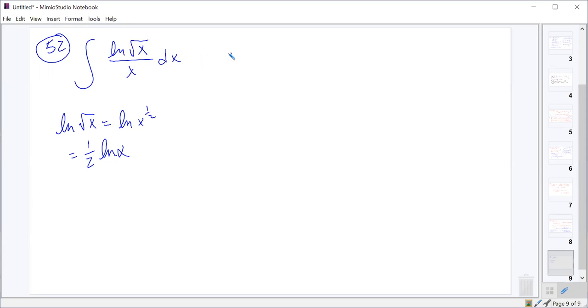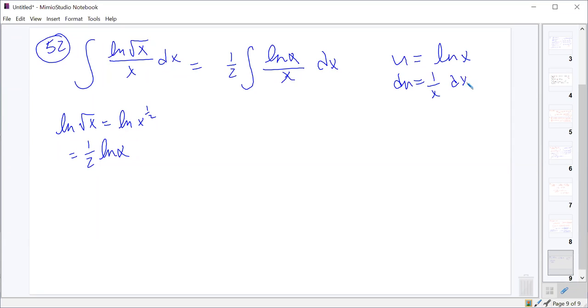So I could write this as 1/2 the integral of natural log x over x dx. And then I'm just going to let u equal natural log x, and then du is 1 over x dx. And we can see there's my u, and then the 1 over x dx is my du. Oh, sorry, that's not du over u.